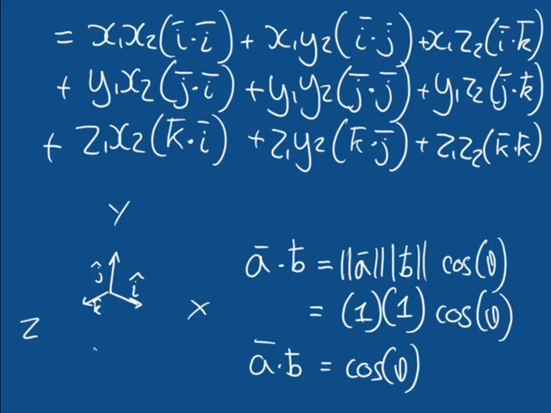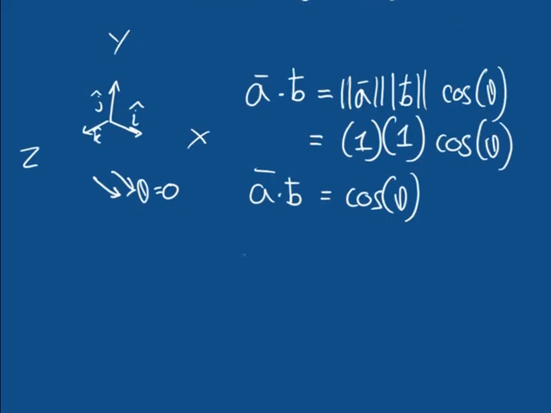In that case, we're dotting two vectors that are parallel to each other, and that means the angle between them is equal to 0. So the dot product i dot i is equal to the cosine of 0, and we know from volume 2 where we looked at trigonometry that the cosine of 0 is equal to a value of 1.